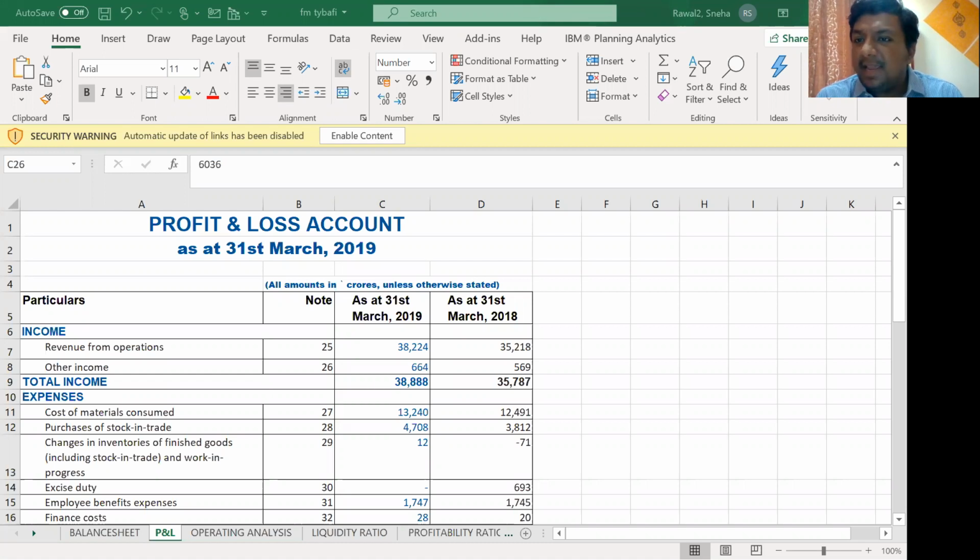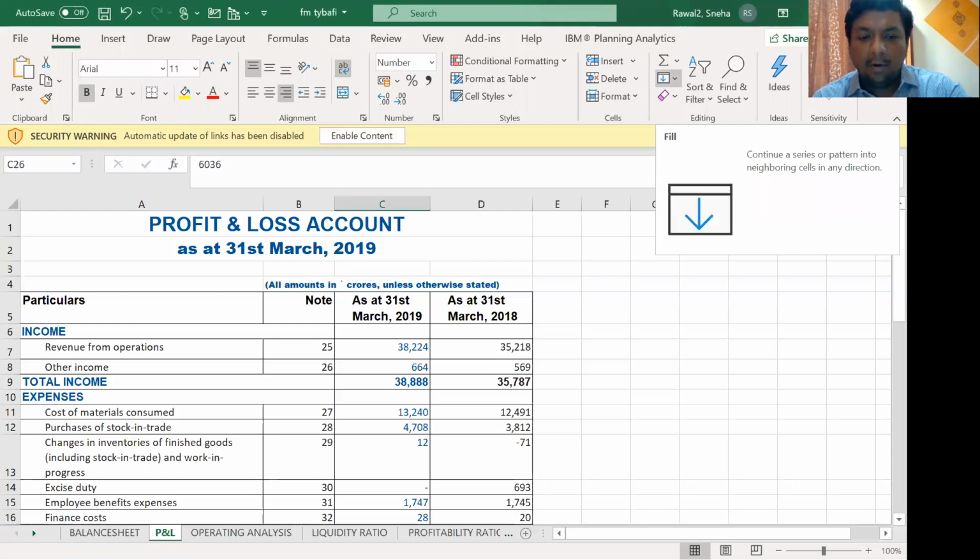They finally pay you cash. Out of that cash, you will pay back your creditors, which will again give you stock, which is nothing but your inventory. So this is your cash conversion cycle. So here we go, operating analysis.